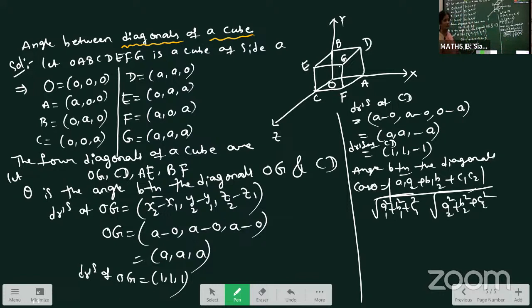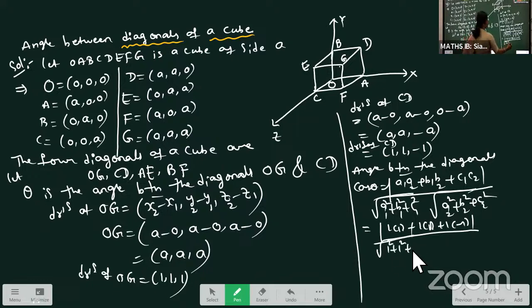So a1, b1, c1 are the DRs of OG, and a2, b2, c2 are the DRs of CD. So substitute: modulus of a1 a2, 1 into 1, plus b1 b2, 1 into 1, plus c1 c2, 1 into minus 1, by under root of 1 square plus 1 square plus 1 square, into under root of 1 square plus 1 square plus minus 1 square.